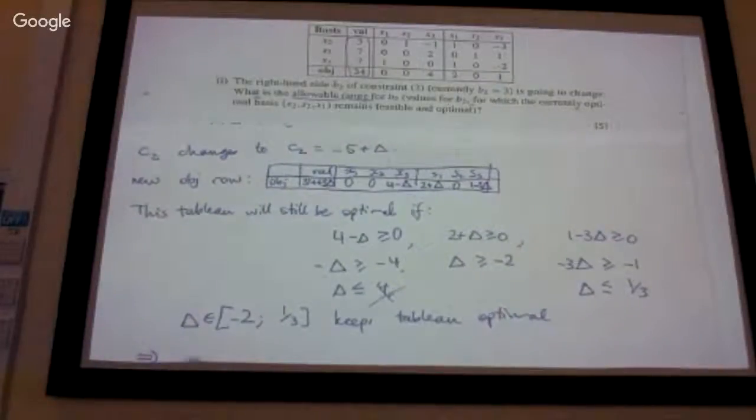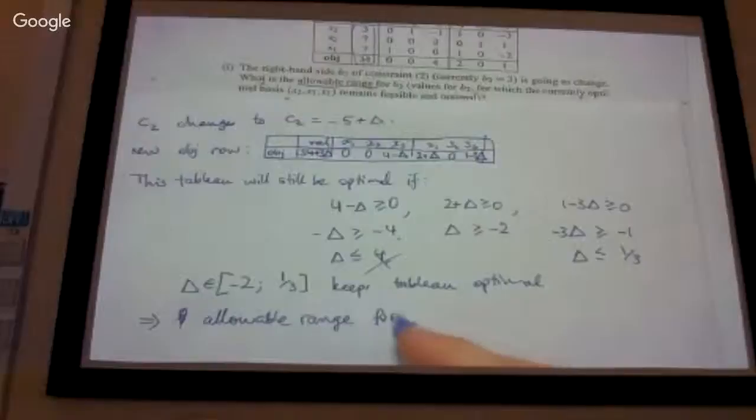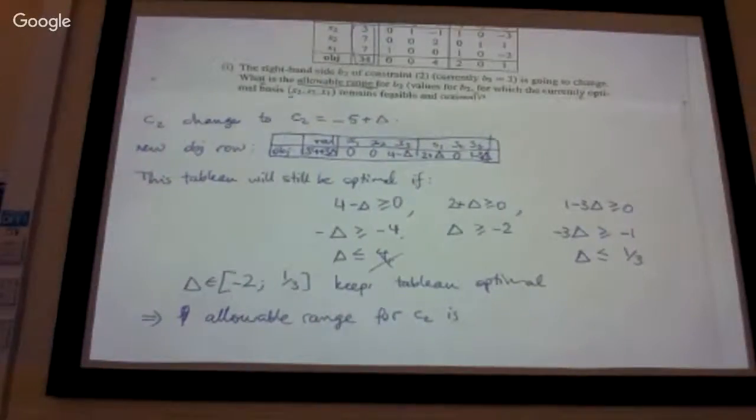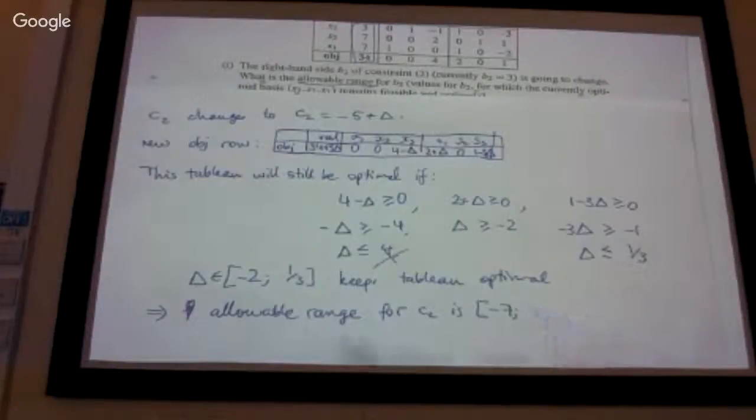And therefore, the allowable range: remember, we started with a -5, and we can decrease it by 2, so it could go down to -7, or it could go up to -14 thirds.